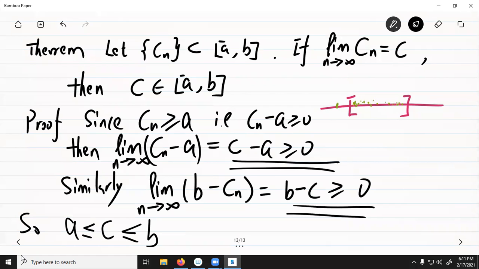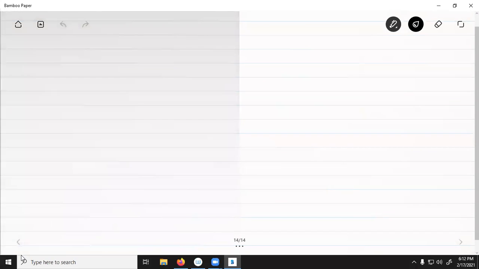Okay, so now let's look at the definition for the closed set. What's the meaning of a closed set?